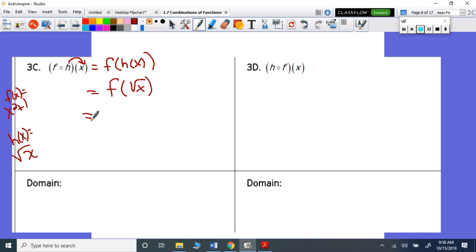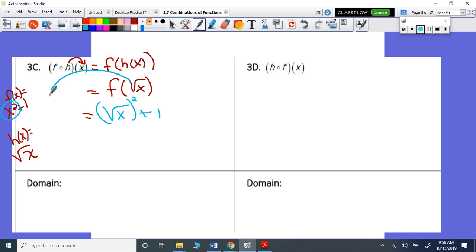And you did this on your homework last night. When you have f of something other than x, that means you replace it. So that tells me every place I see an x in f, I'm going to replace with what I have, and then rewrite what I don't use. So f of x was x squared plus 1.